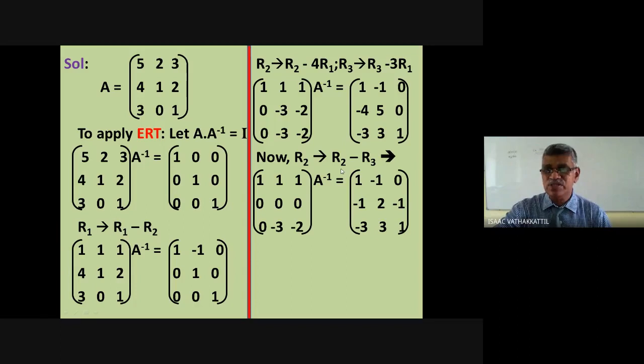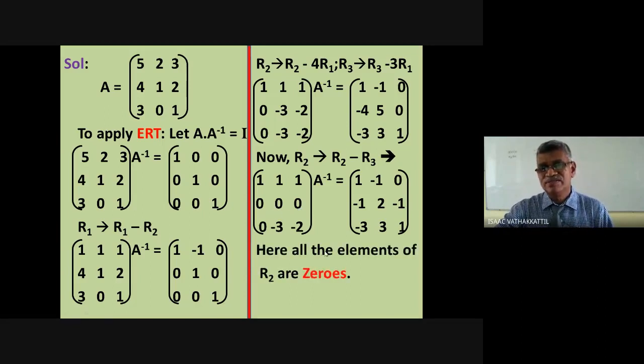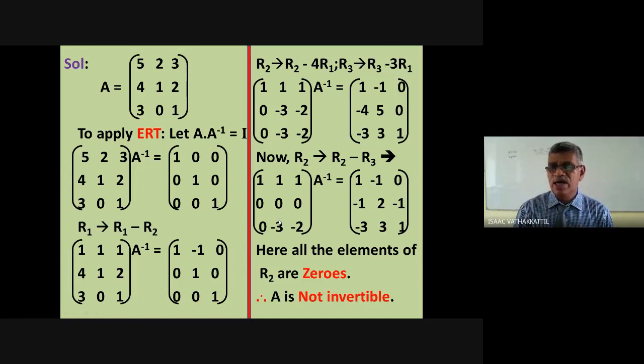And when I do that, I do the right side also, R2 changes to R2 minus R3. All the elements in the second row are zeros. The matrix is not invertible. The matrix A is not invertible, or simply we say A inverse does not exist.